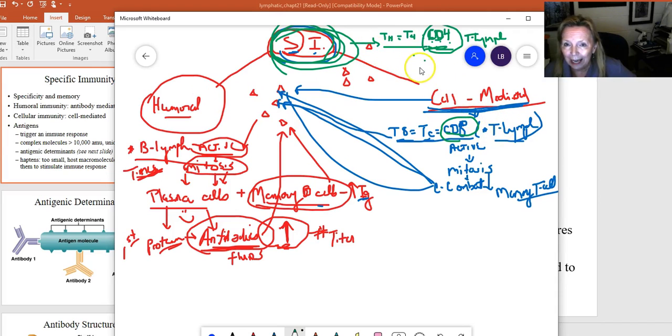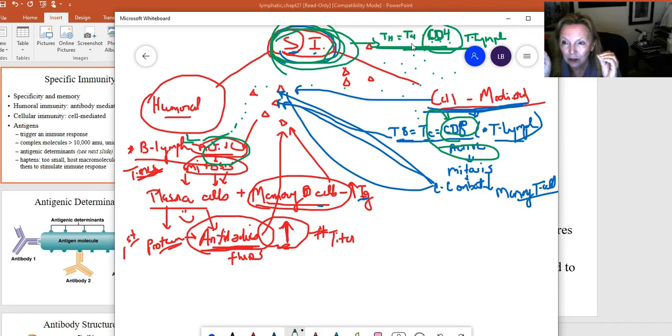They do it by secreting chemical signaling molecules that are going to be sent to activate the B lymphocytes. They're going to be sending these molecules to activate these CD8 cells. Without these helper T cells, these two things don't happen. Oh my goodness. So please know about these cells.